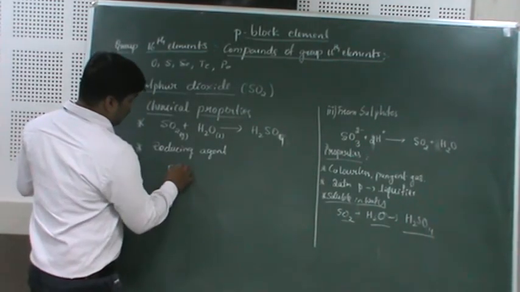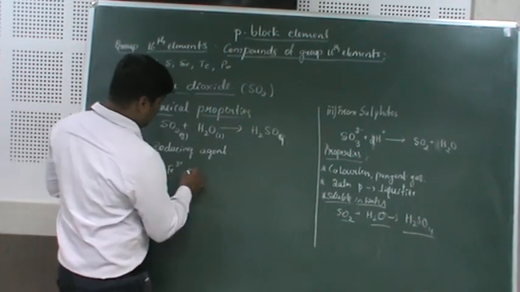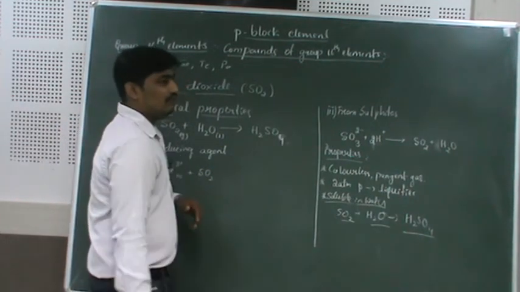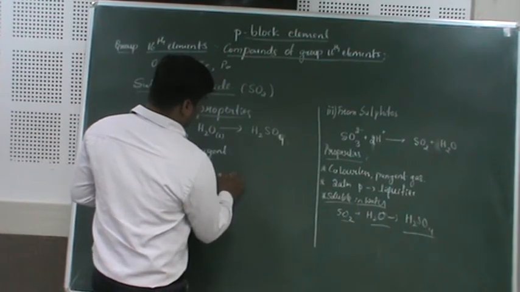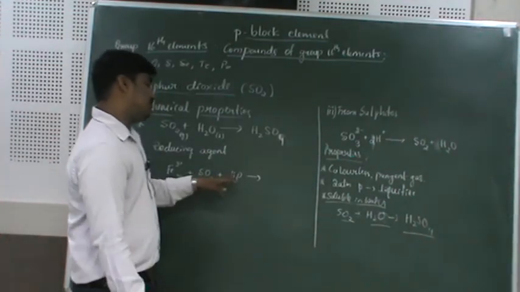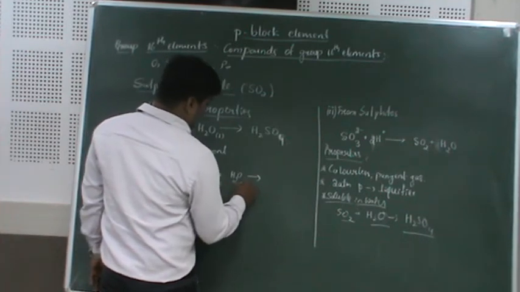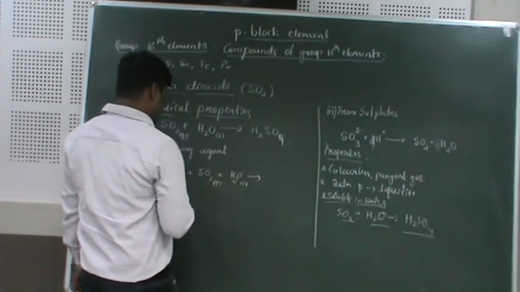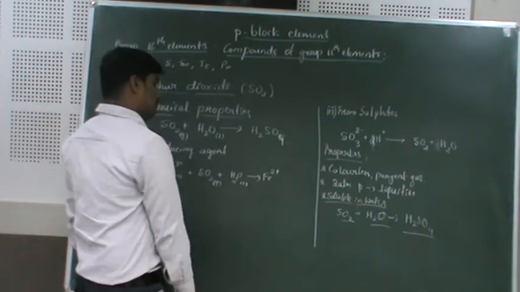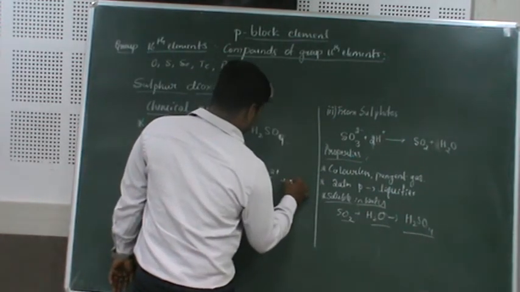When iron Fe3+, the +3 oxidation state, is made to react with aqueous sulfur dioxide, aqueous sulfur dioxide means sulfur dioxide mixed with water, making it into a liquid, it reacts with Fe3+ and gets converted into Fe2+. And what are the different things formed in this case?